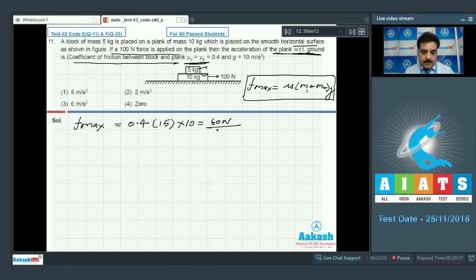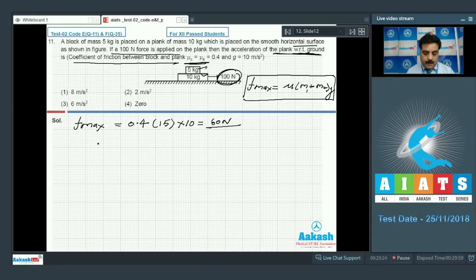So the maximum force for common acceleration as per the calculation is 60 Newton, but the force applied is greater than 60 Newton because it is 100 Newton. So friction will be kinetic, right? If friction is kinetic, then the 5 kg block will move.